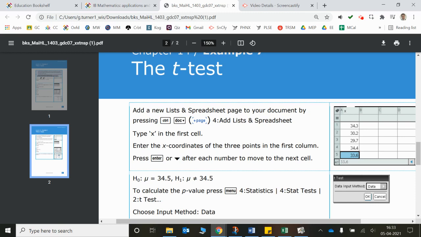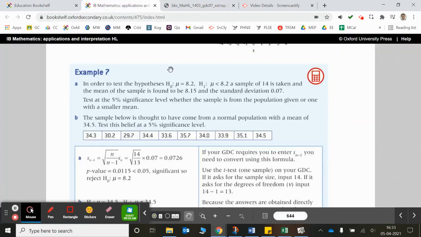So I'm going to go to home again, and add a new document with lists and spreadsheet. And I'm going to put in my information. I've got 34.3, it's going to take a little while, 30.2.